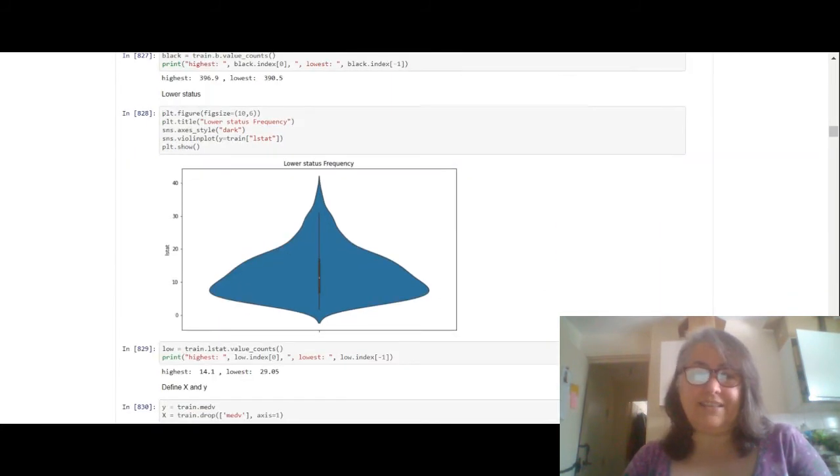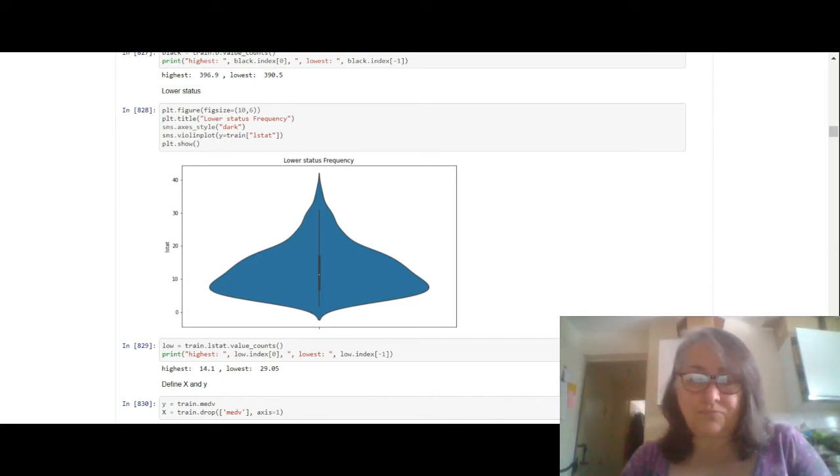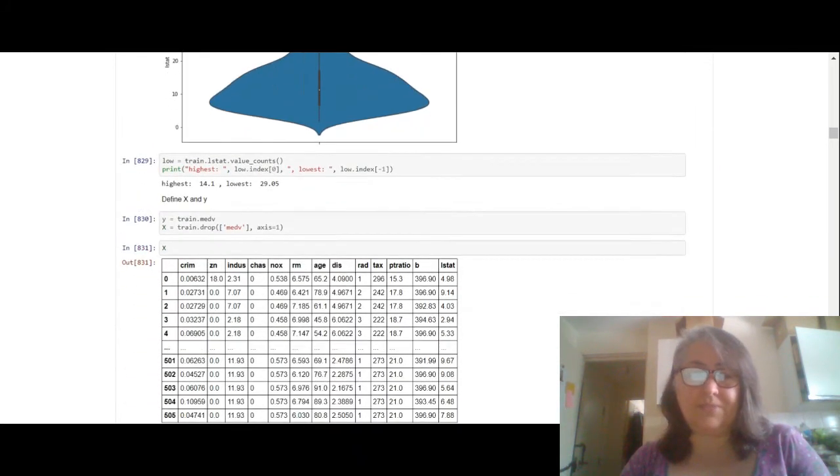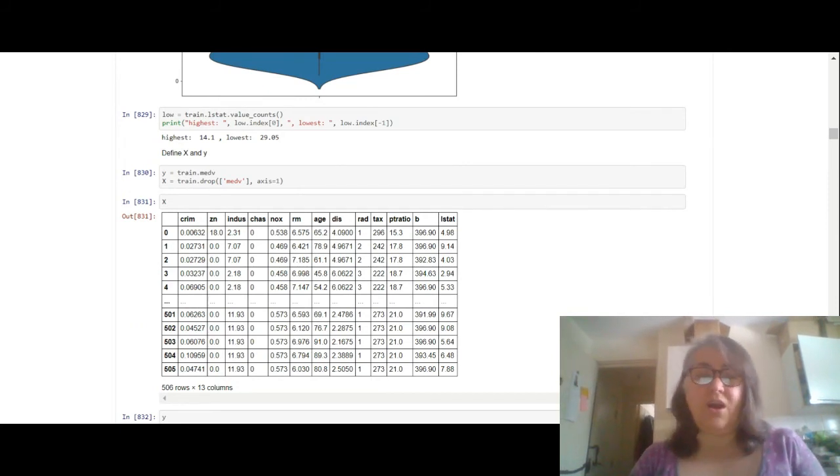Now we're going to check the lower economic status, and that's people who have a low economic status. So that's going to be close to 10. Your highest value is going to be 14.1, and your lowest value is going to be 29.05. So now what we have done is we've analyzed all of the columns.